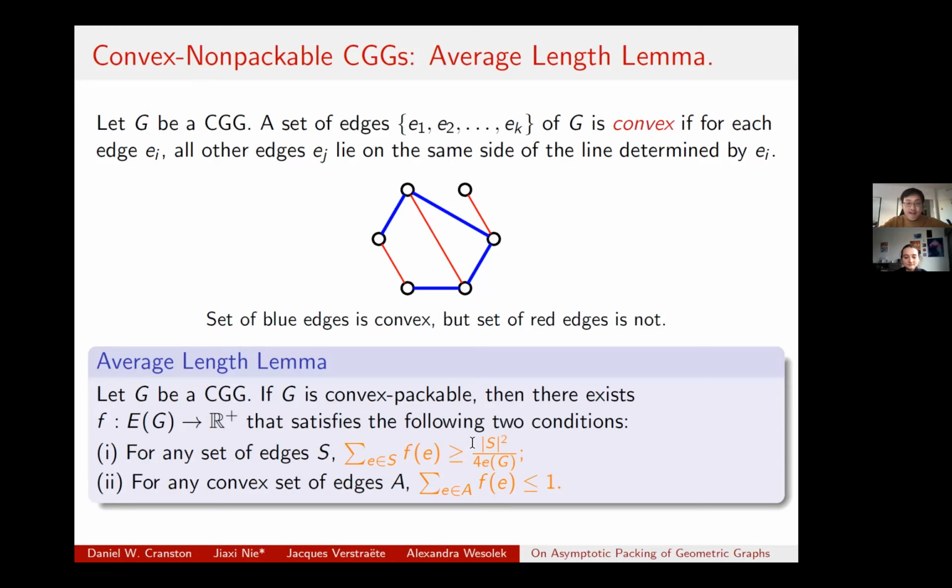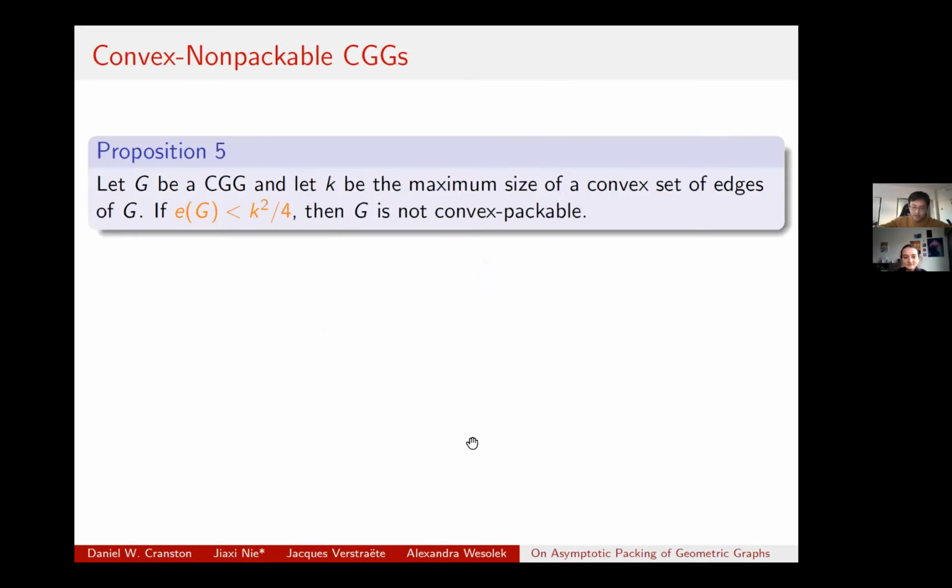And since these average lengths are normalized, it is now at most 1. Okay, and using this lemma, we have this powerful proposition. Basically, this is enough to prove that almost all planar Hamiltonian graphs are not convex packable.